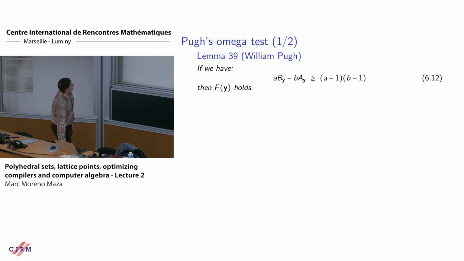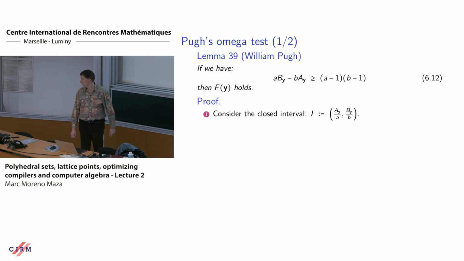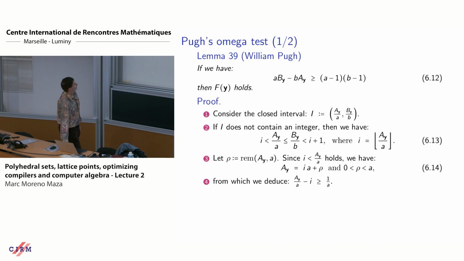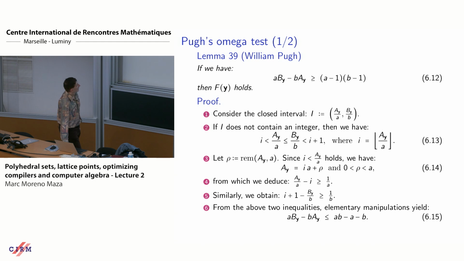If the following holds, then actually f of y holds. And that is done with elementary manipulation. So maybe here I will skip the proof, because this is really high school math. So this is telling us that, yes, when that condition holds, f of y is true. But this is only a sufficient condition.